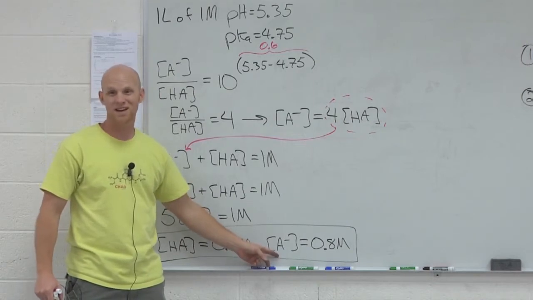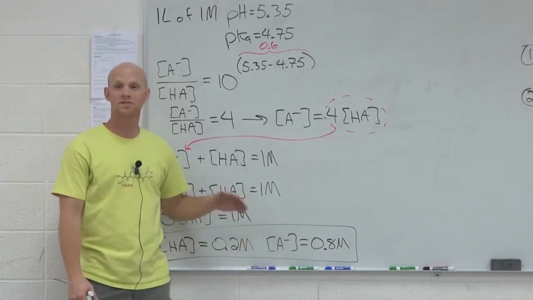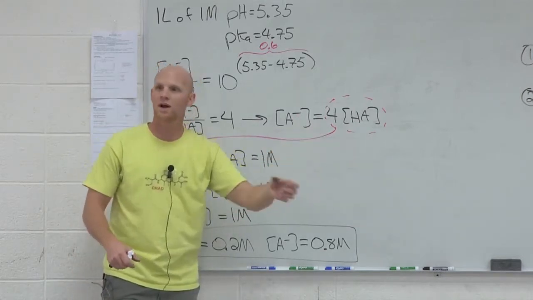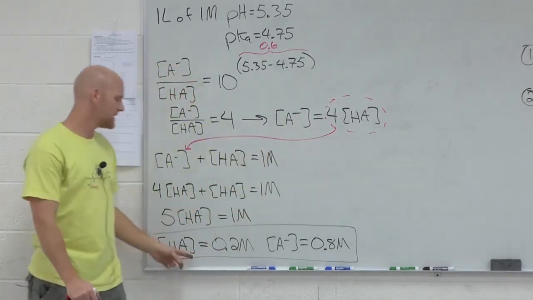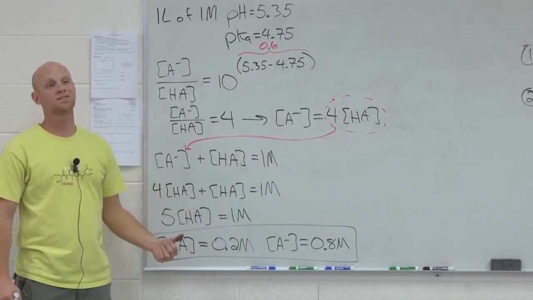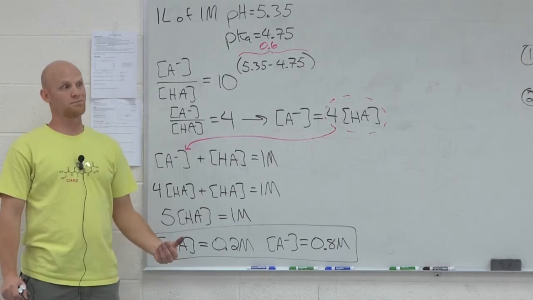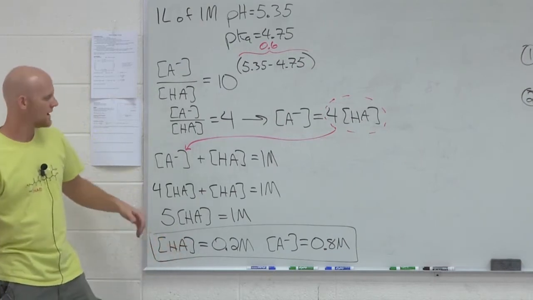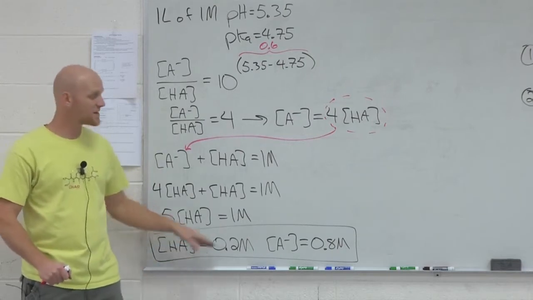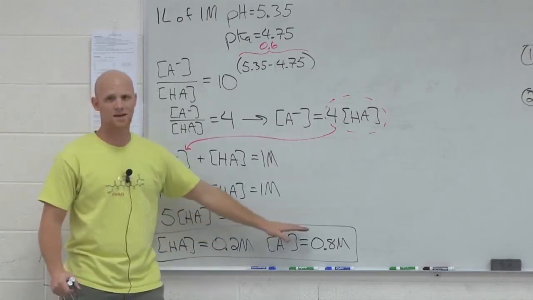If it was sodium acetate, you'd have to use the molecular weight of sodium acetate and convert that 0.8 moles into grams. Weigh out those grams and pour it in your beaker. The acetic acid is a liquid. So depending on if you started with some concentrated stock solution or with pure acetic acid, which might be a little crazy, you might have to dilute it down to the appropriate concentration. But that's the approach you'd take. This is as far as we're going to take it here for a calculation.